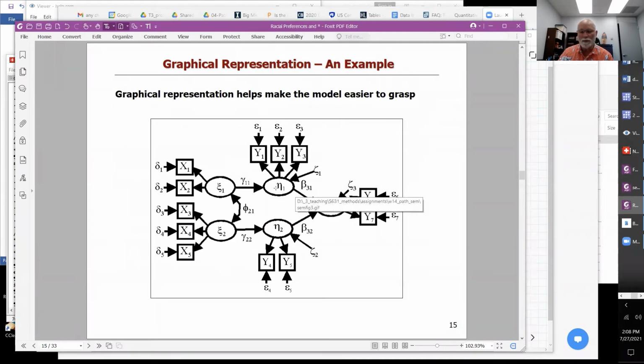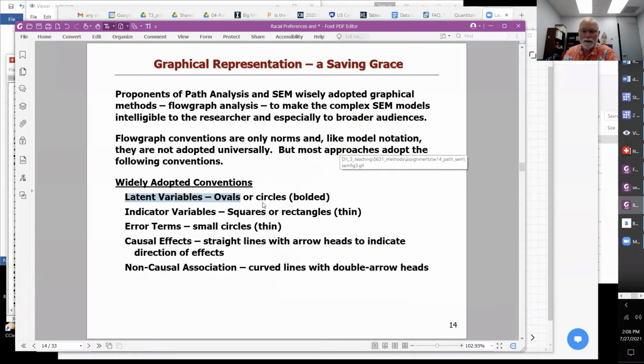Okay, so a latent variable is also, we noted earlier, indicated by a Greek letter. So eta 1, 2, and 3 are inside these circles, so those are latent variables. That's the underlying concept that's being measured. An indicator variable is represented by a square or a rectangle.